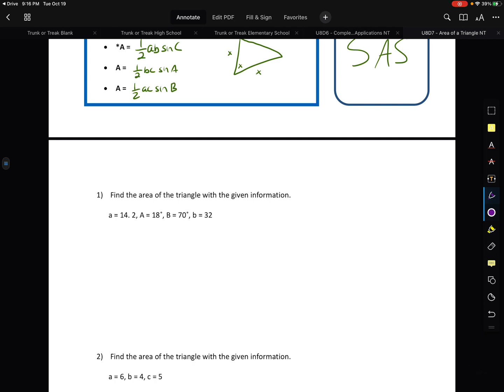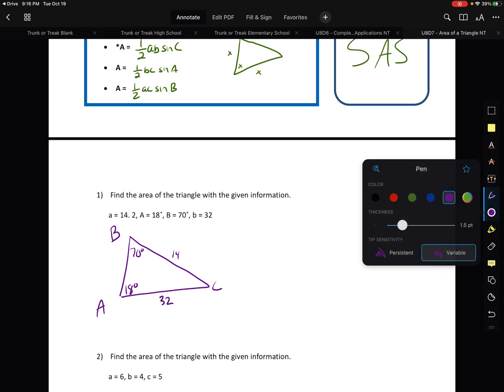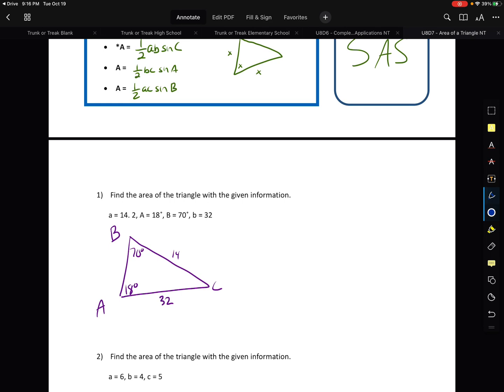All right, so let's look at this example. Find the area of this triangle. If I look at my picture, A, B, C, A is 18 degrees, B is 70 degrees, side A is 14, side B is 32. Based on what I have right now, I do not have the side angle side.